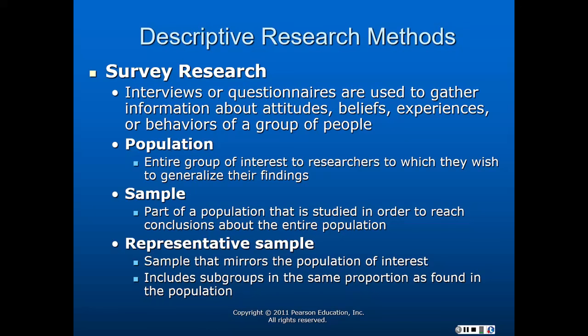And you'll find the same, that if there's 20% of African American males in that population of interest, that research team is going to attempt to make sure that 20% of African American males are also in their sample.